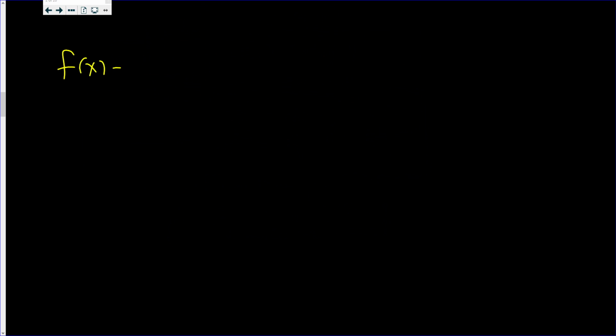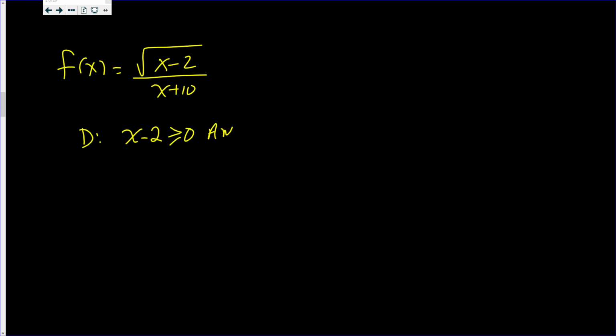Suppose you have f of x is the square root of x minus 2 divided by x plus 10. There are two things to be concerned about for the domain. What's under the radical has to be at least 0, and x plus 10 can't be 0.